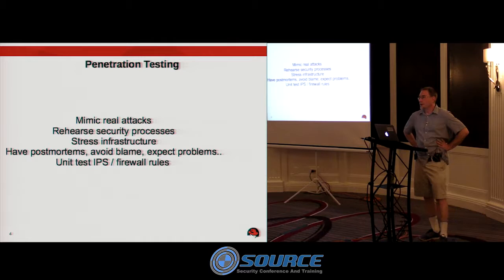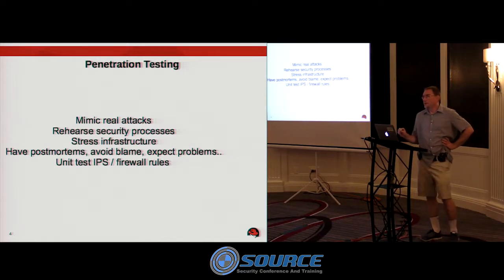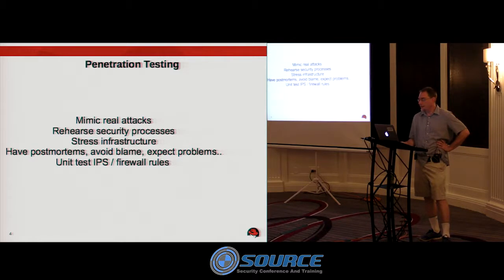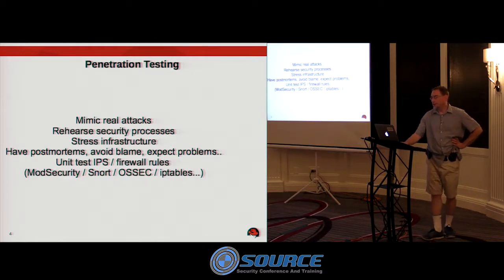Intrusion detection systems are typically made up of lots and lots of very particular rules that can become very complicated. And same with firewalls. So you can look for holes in them. Those are just some examples of rule-based systems that you might want to run penetration testing against to look for problems.